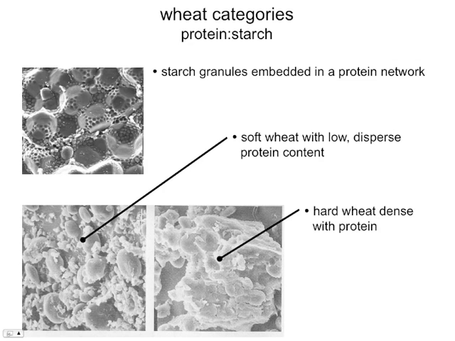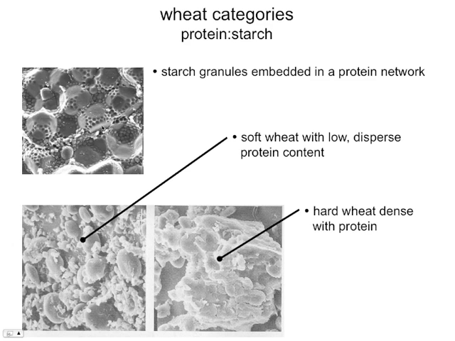Let's take a closer look via electron microscopy at starch granules. So we talked about the importance of the proportion of protein relative to starch. What we see when we look closely is that inside the endosperm, these cells are filled with starch granules.